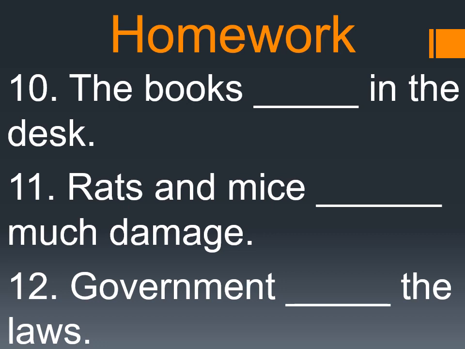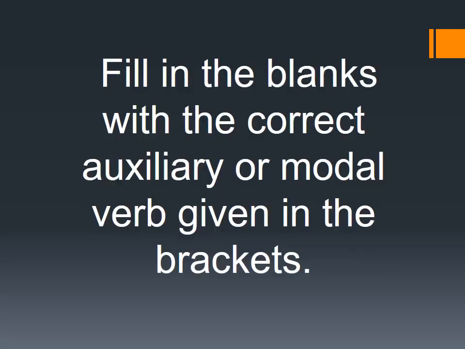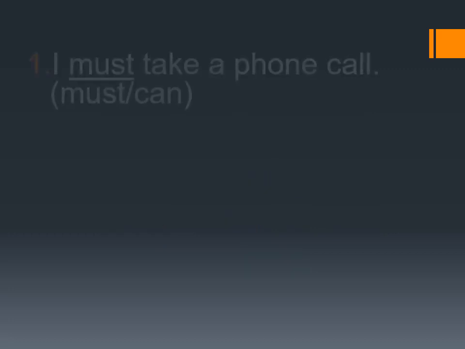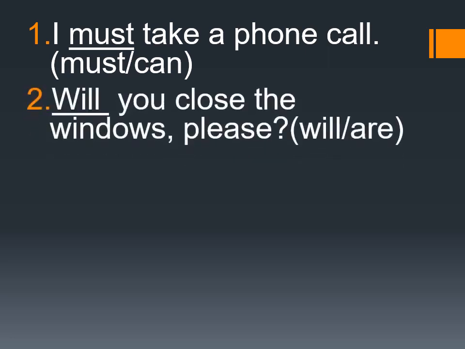Now it's time to discuss our previous homework which was assigned in the last class. The question is, fill in the blanks with the correct auxiliary or modal verb given in the brackets. First is, I dash take a phone call. Must or can? I must take a phone call. Number 2.